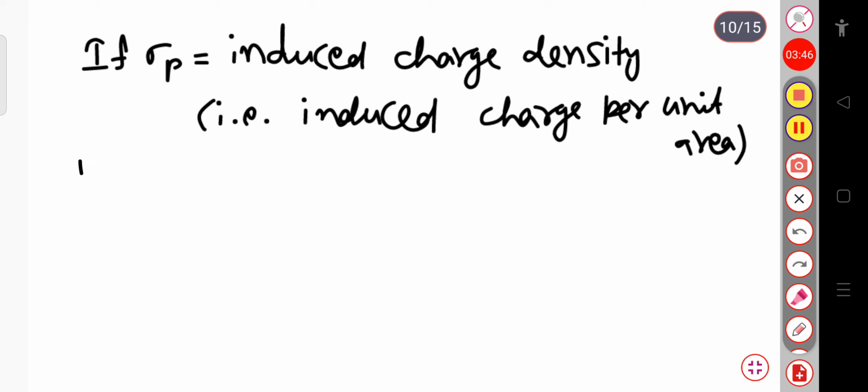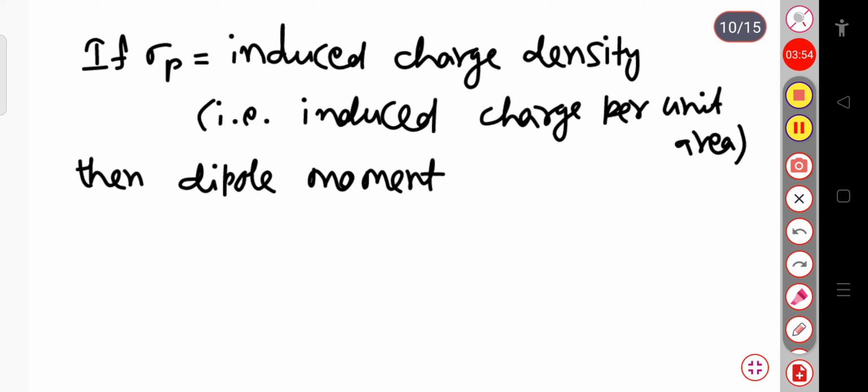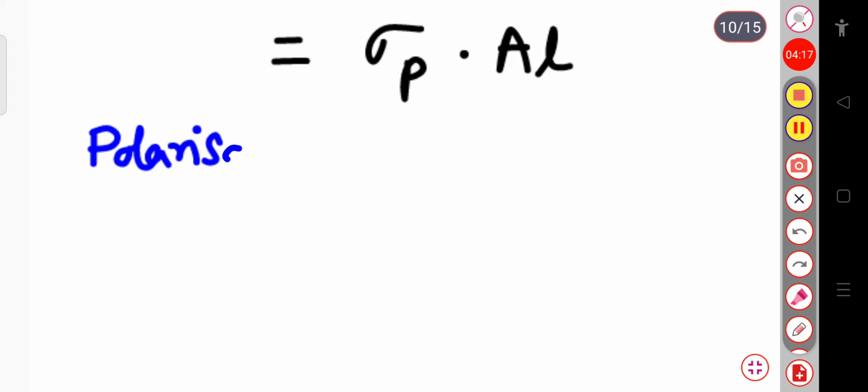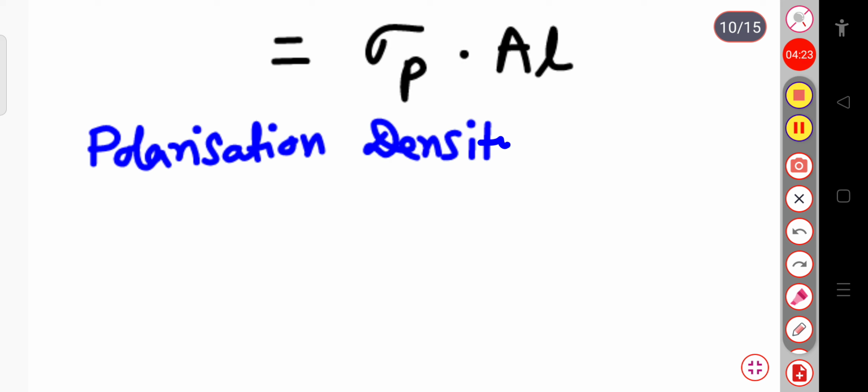Then we can write the dipole moment of the slab, that will be equal to sigma P into A into L. Now the polarization density is written as capital P, and small p for the dipole moment, for the induced dipole moment.